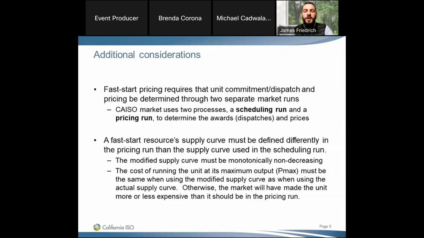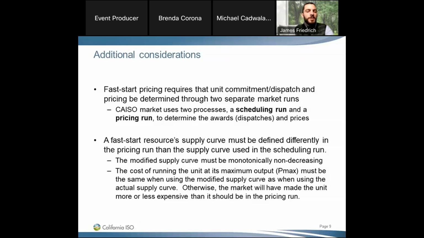That's already a feature of bidding in the CAISO market, and probably for all markets, that as the megawatt quantity increases, the price increases, so you don't have decreasing offers, which would add complexity or non-convexity into the market solution. Second, in the second sub-bullet there, the cost of running the unit at its maximum output, or PMAX in the CAISO jargon, must be the same when using the modified supply curve as when using the actual supply curve.